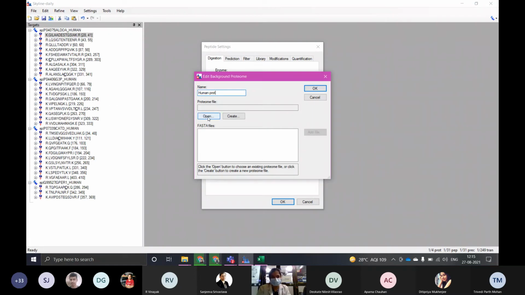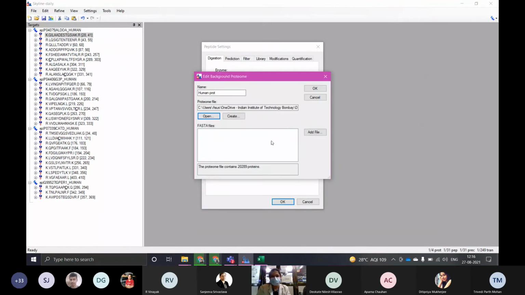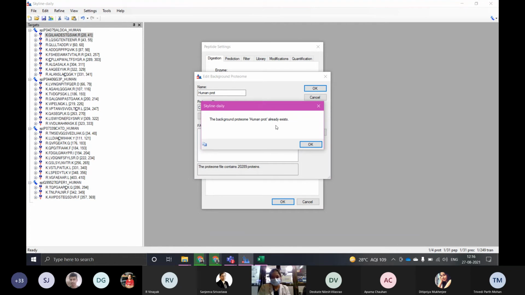So you can just open that protdb file, which is already there. There is no need to add any more FASTA files, and you can click on OK. That will add your background proteome.